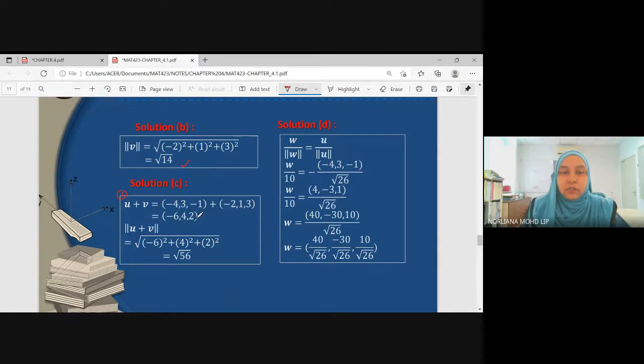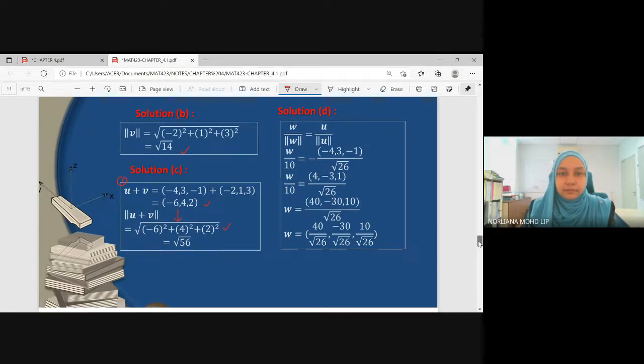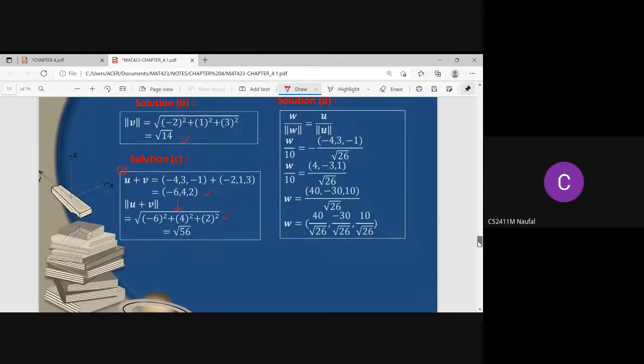So the vector is equal to (negative 6, 4, 2). Then find the magnitude using this formula. So it is equal to square root 56. Can you understand? Yes, madam.